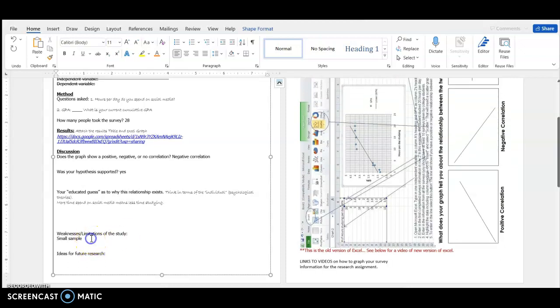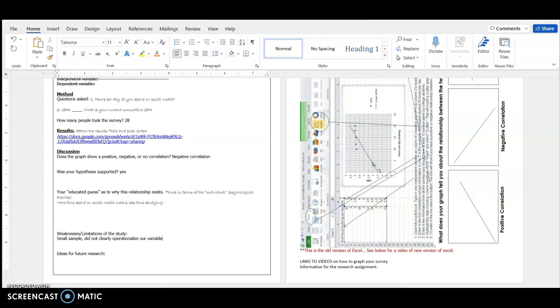We didn't really operationalize our variables, meaning that I didn't really clearly define what hours of social media meant. I was kind of like, oh, you just decide what the definition is.